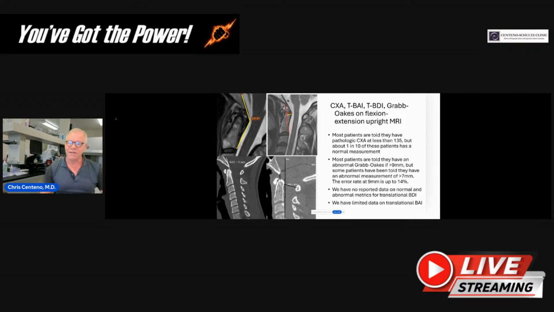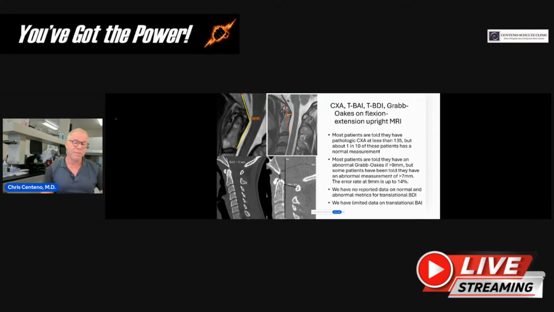So realize that most patients are told they have pathologic CXA when it's less than 135, but there's again about a 1 in 10 failure rate of that measurement, meaning about 1 in 10 of those people probably have no issues at all, and they're being told they have problems. And again, Grabb-Oakes cutoff is usually considered to be 9.